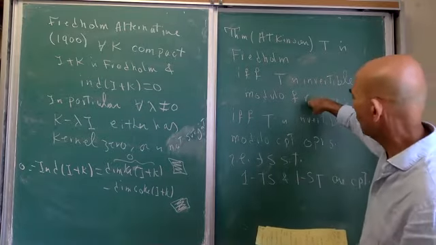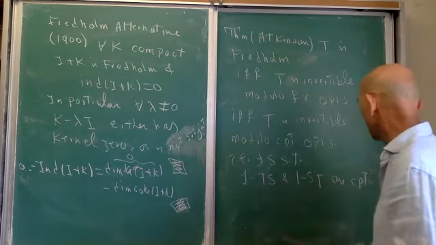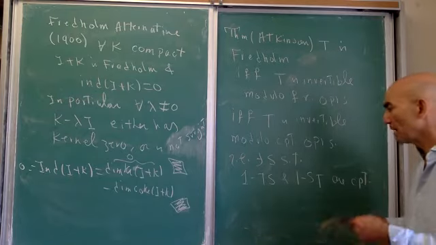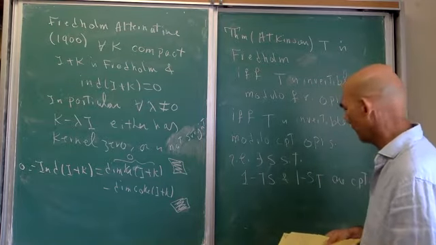And in this case, of course, it means there exists an S such that 1 minus TS and 1 minus ST are both finite rank operators. So being invertible modulo finite rank or being invertible modulo compact are equivalent.